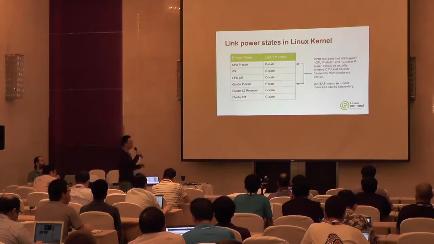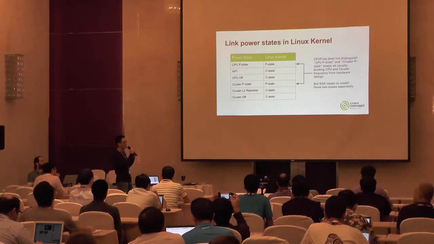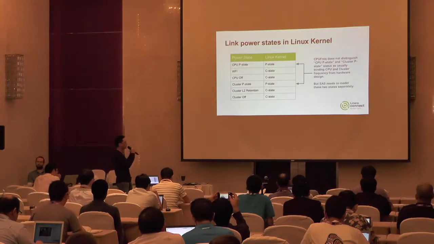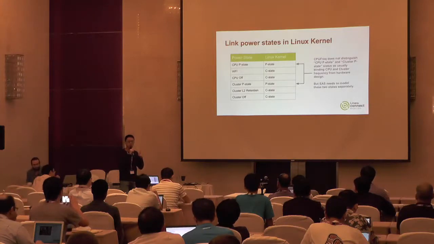So if we want to look at the power states corresponding to the Linux kernel, for the P state, there is the CPU P state and the cluster level P state. Usually in the Linux kernel, for example in the CPUFreq framework, we don't distinguish the CPU level P state and the cluster level P state.